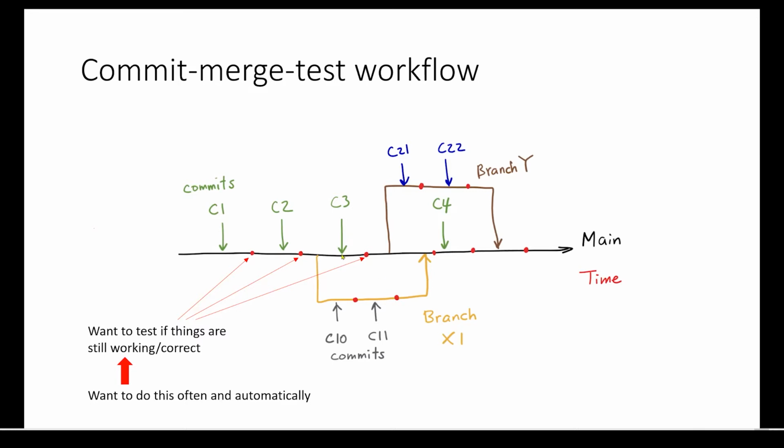For example, your main branch is being checked every time there's a change. The separate branch can also be checked. And of course, when that is merged into the main branch, the whole thing can be checked again. Right? So checking or testing can be applied at any stage, whenever a change has occurred.